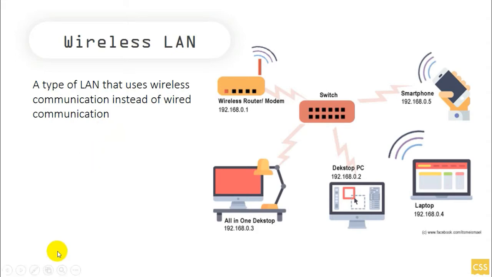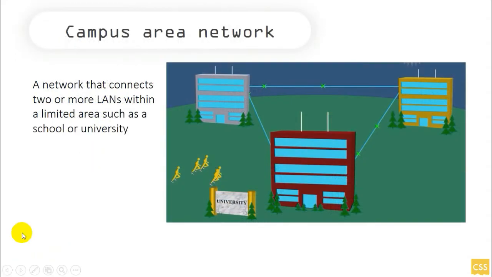Next, here we have the CAN, or the Campus Area Network. A CAN is a network that connects two or more LANs within a limited area. This could be a school or a university. These can be local area networks from, say, different departments, but connected on a single network.